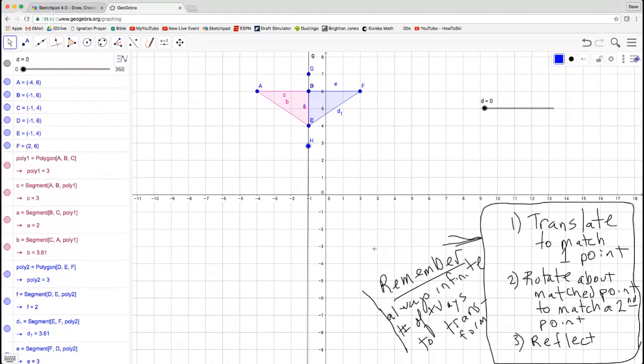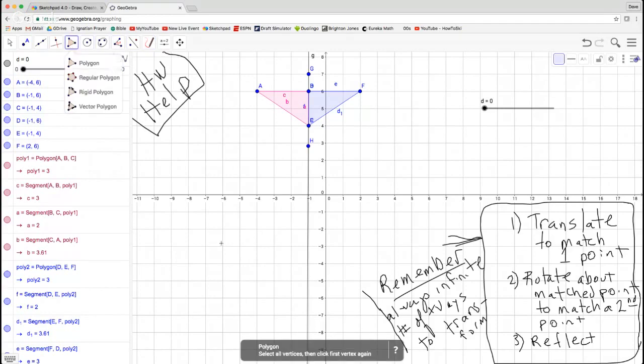Now, let's look at a more sophisticated example. This is your homework help, by the way. Let's do a sophisticated polygon that looks like this.